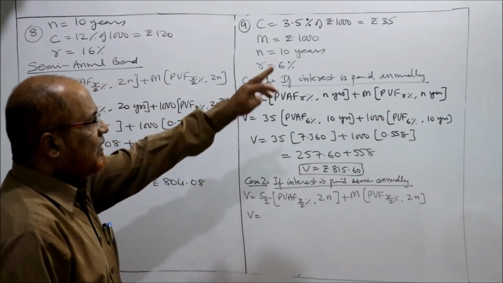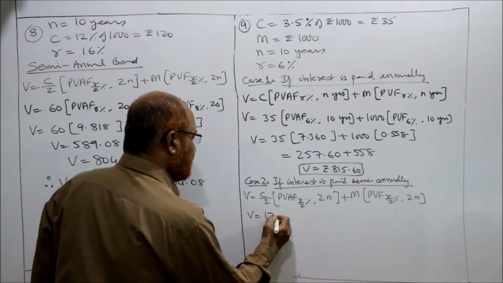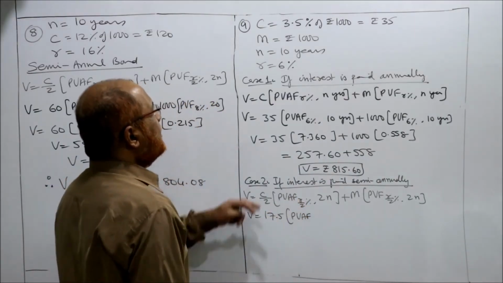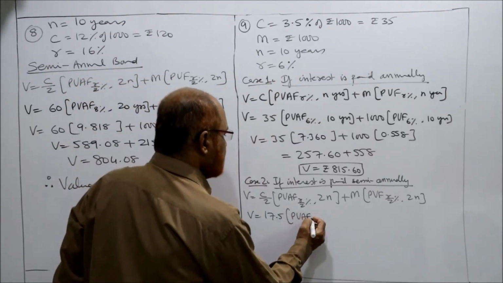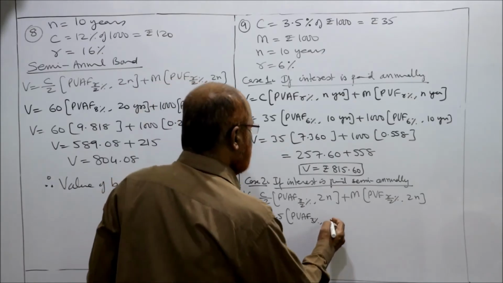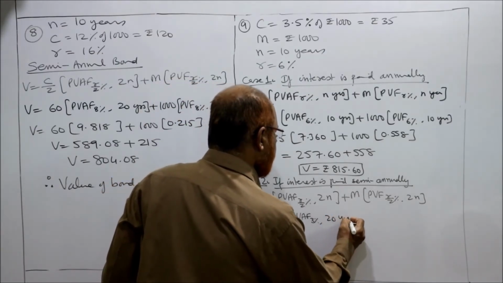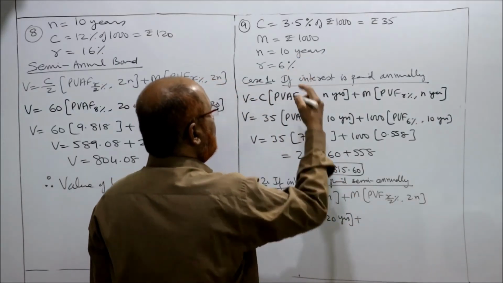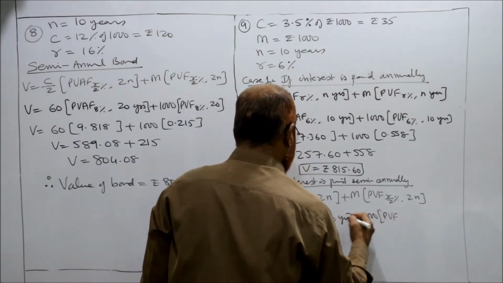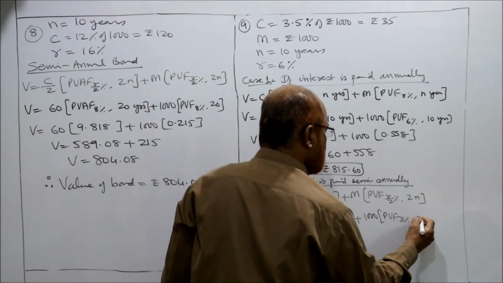C by 2, 35 divided by 2, 17.5. R by 2, 6 by 2, 3%. 2 into N, 2 into 10, 20 years. Plus maturity value 1000, PVF 3%, 20 years.